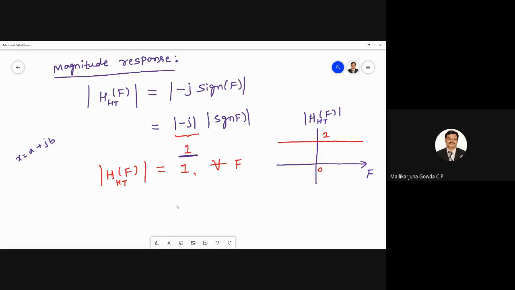The magnitude of the signal is not affected when I transmit the signal through a Hilbert transformer. That is what you need to understand. It is constant.